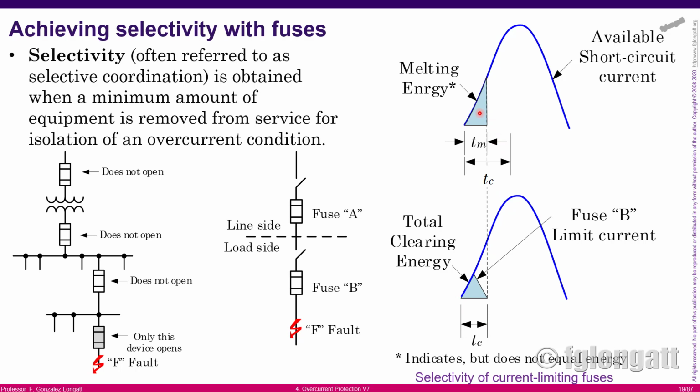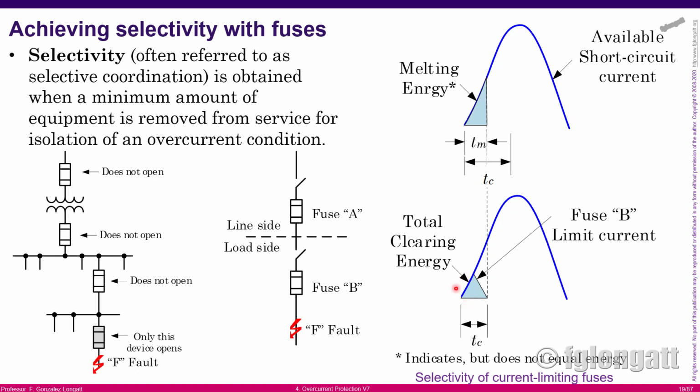But we need to be careful, because when the fault happens here at F, the short circuit current is moving in this series branch, and as a consequence, that short circuit current is moving in both of them.